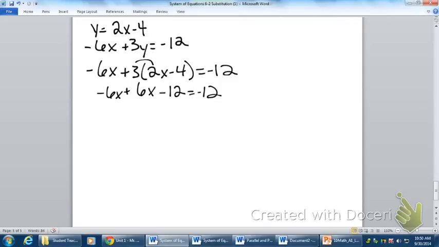Now, if you look at this, negative 6x plus 6x is going to what? 0. It's going to cancel the x's. And then the 12 will cancel the 12. Now, if you get an answer of negative 12 is equal to negative 12, look back at your notes where it has that chart.